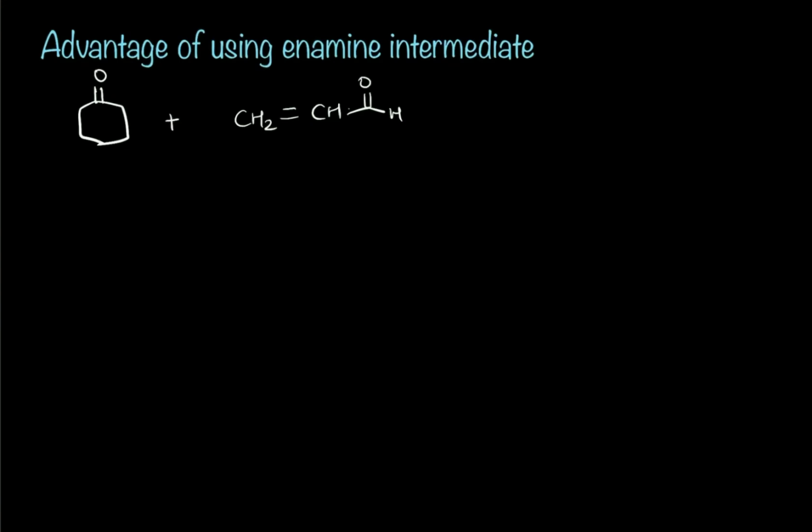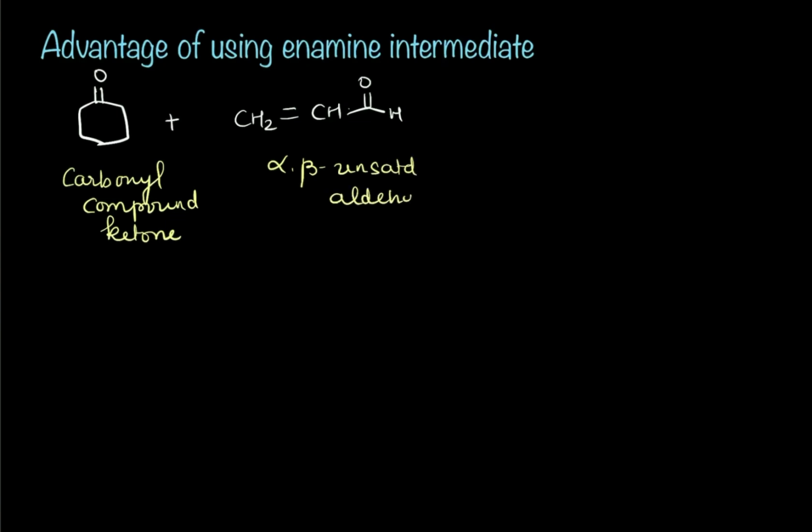So let's just label this one. This is the carbonyl compound, which is a specific ketone, and here is your alpha beta unsaturated aldehyde. Now let's find the alpha carbon on the carbonyl compound. It would be this carbon.